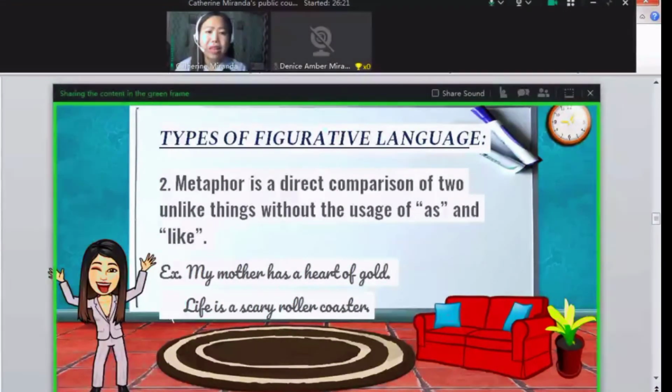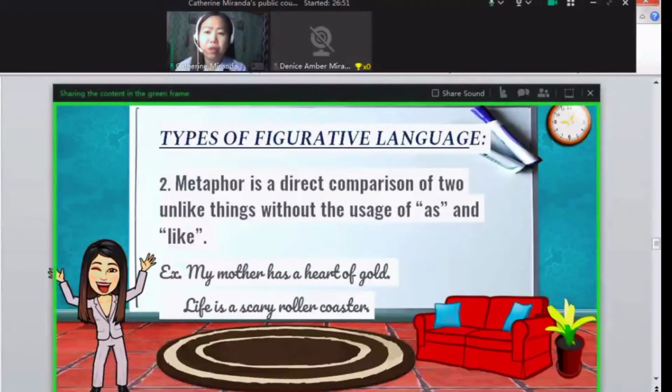"My mother has a heart of gold." In this statement, we're trying to compare the mother and the heart of gold. So there is a direct comparison of the two unlike things. Another example is "Life is a scary roller coaster." Life and roller coaster are directly being compared in this statement. And take note, there is no use of the words as and like.